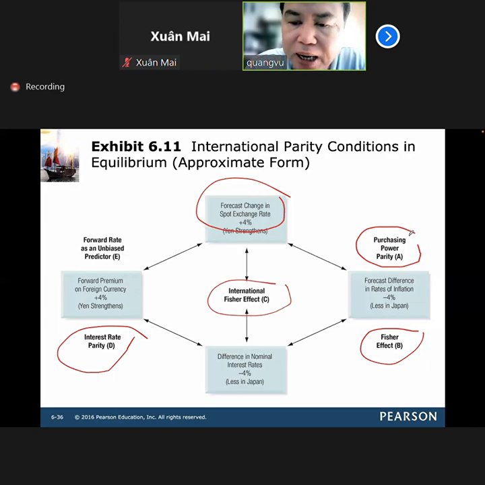And later on, purchasing power parity theory alone cannot help you predict the movement of exchange rate in the future. We have to use relative purchasing power parity.